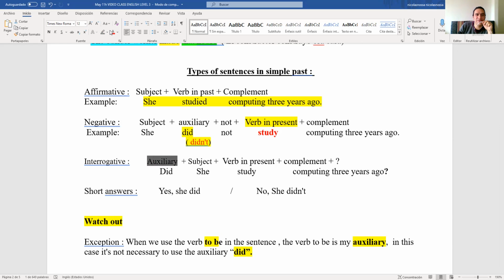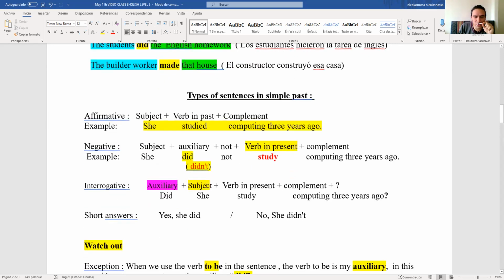The first word is the auxiliary. Then in interrogative, the subject, which is blue. Okay, so the verb in present, which is yellow, and the complement.